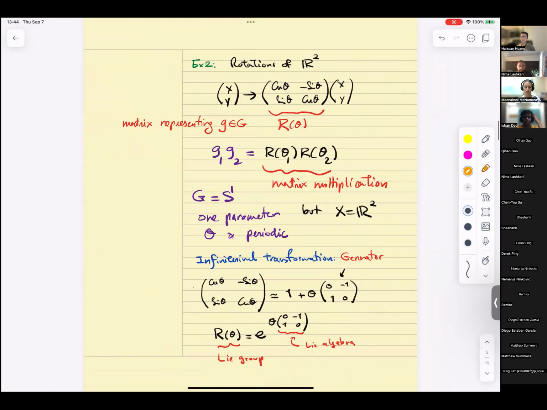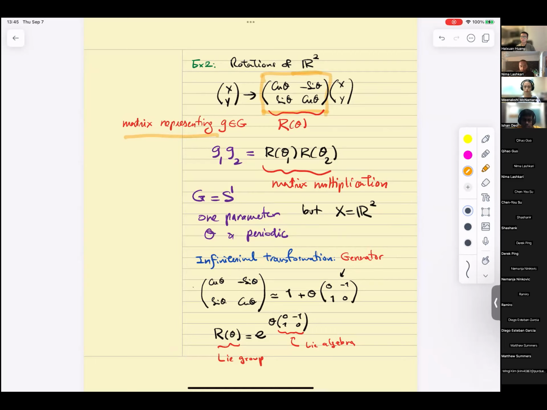Now, let's consider the same group of rotations acting on R2, two-dimensional Euclidean space, right? So it's the same group, but this time I'm representing it using matrices because the action of it on R2 is a little bit more sophisticated. I repeat, it's the same group, but the keyword here is that I'm representing it differently, right? How do I represent it?